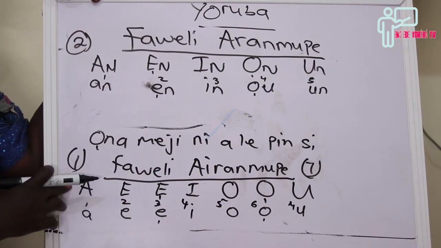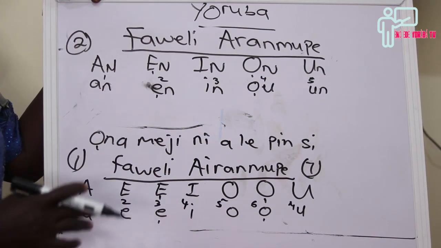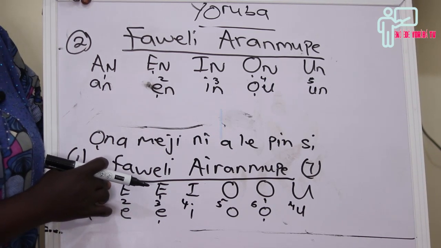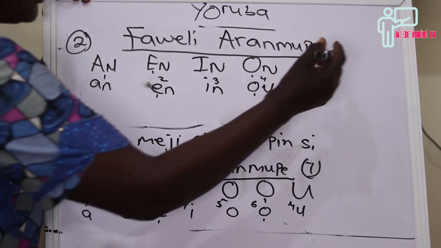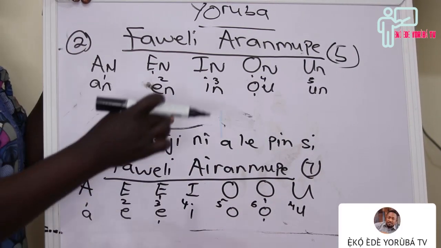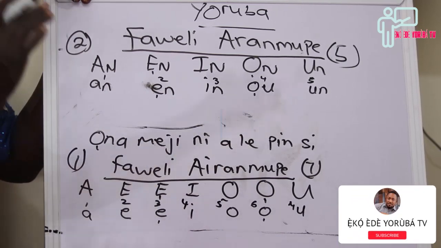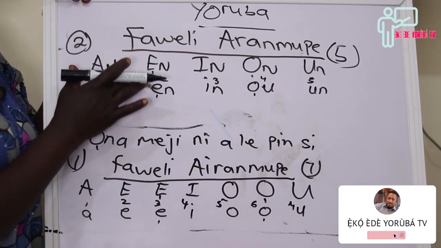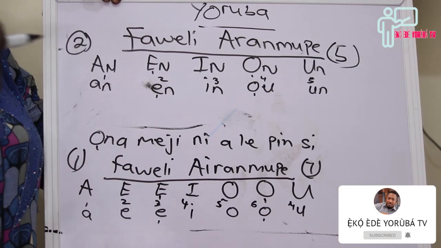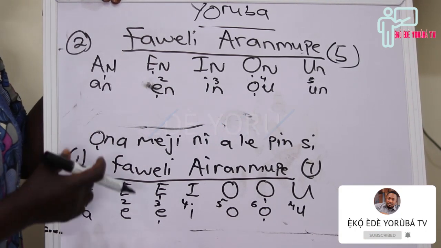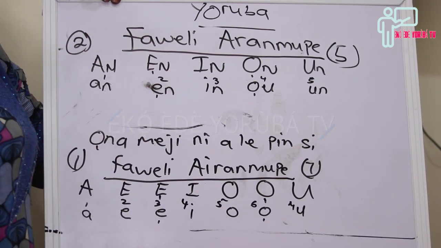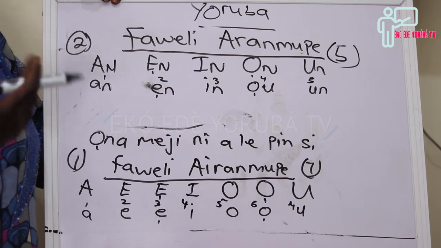Now listen to this one again. The one I call the vowel is Faweli Àìránmúpè. Wait, I said it's 7 the other time. 7. A, E, I, O. Now this one, you know, the other time I told you that this one is like you have mucus in your throat. Now this one, you call it as if there's nothing, that your throat is very clear.